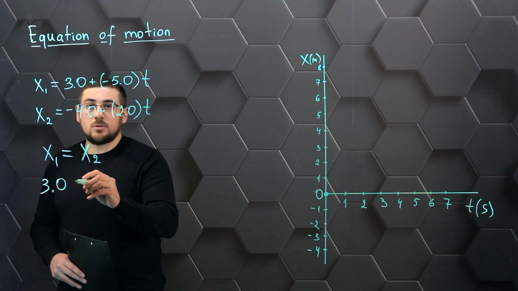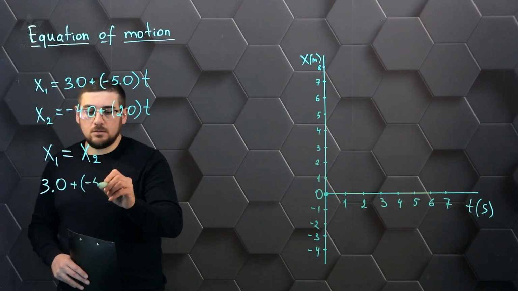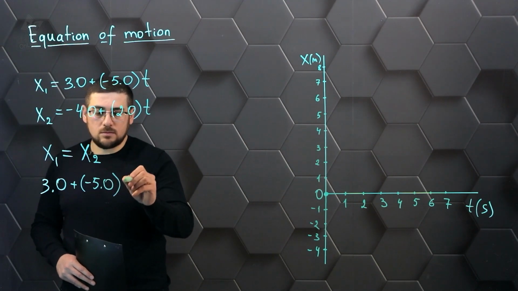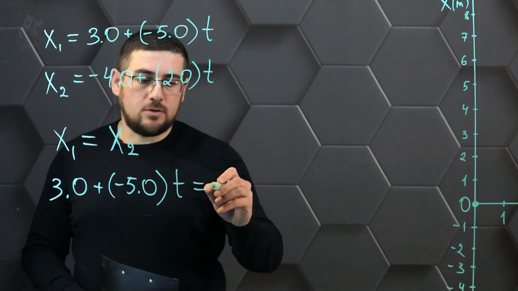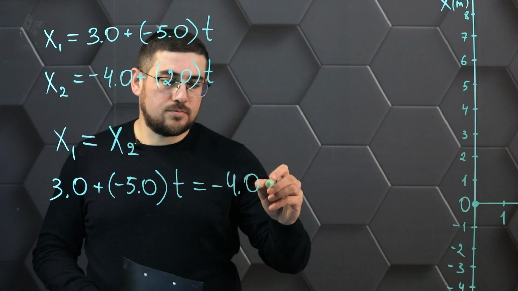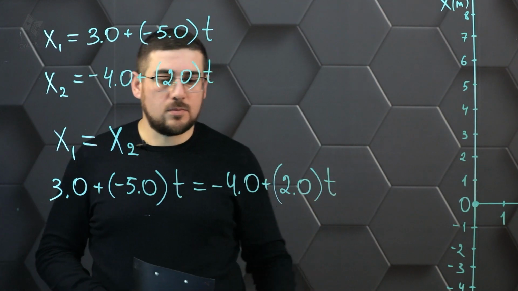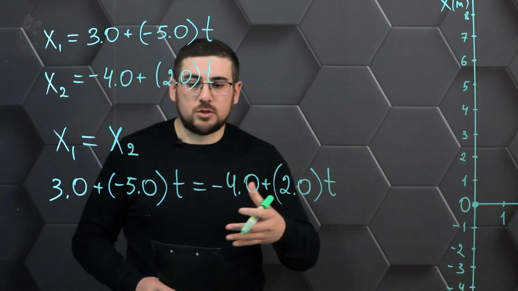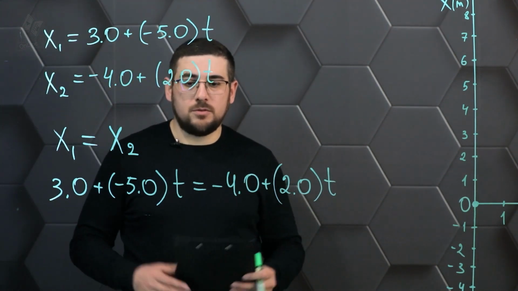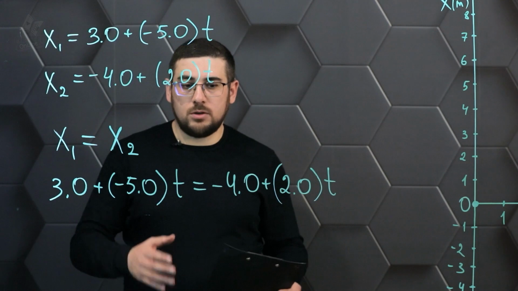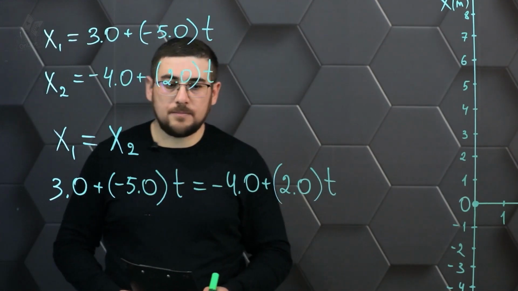So, the equation of first motion and the equation of the second motion. In order to solve this equation, we need to move all the variables to one side and all the numerical values to the other side.